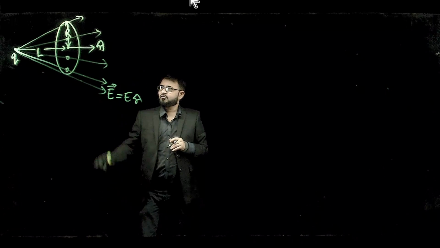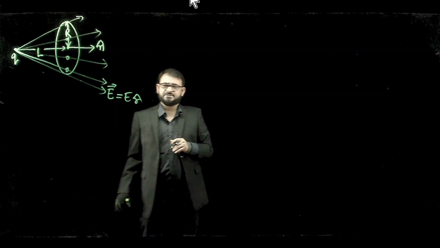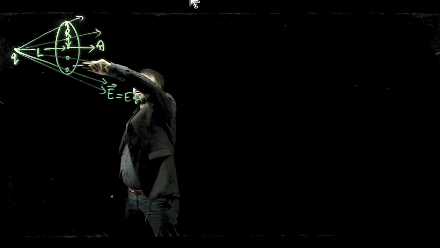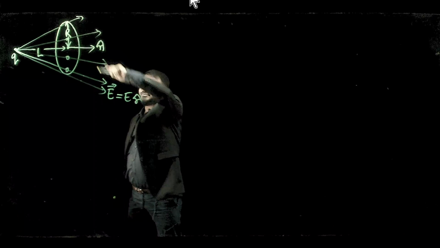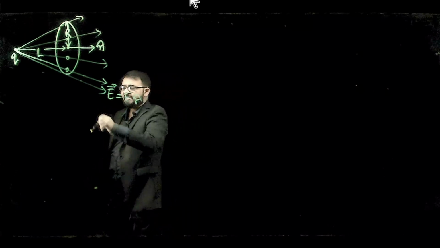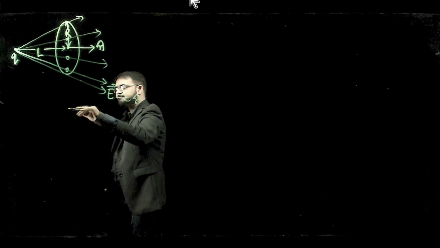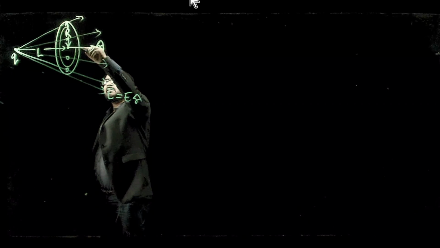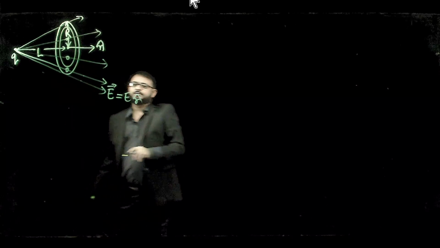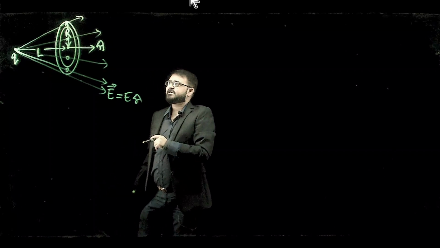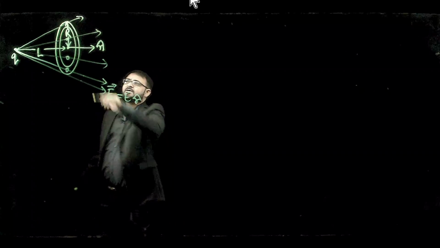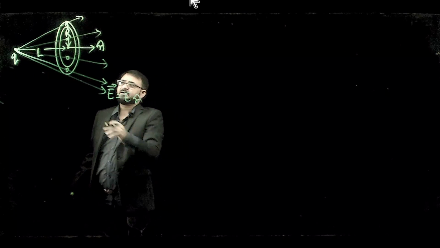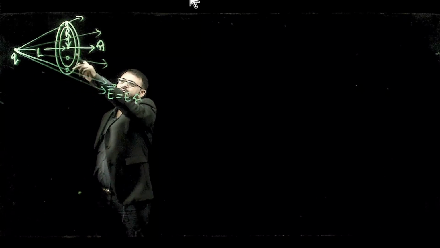However, if you look at the symmetry of this disk, it has a circular symmetry. If I take this disk again and make a ring, you can see the area vector of this ring will have a fixed angle wherever you are on this ring.